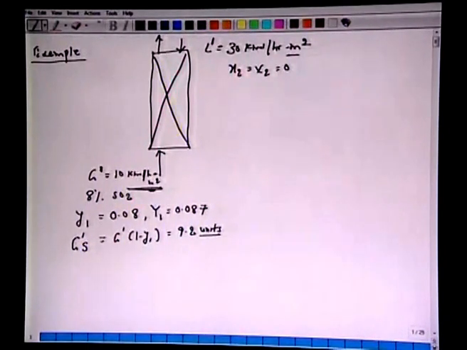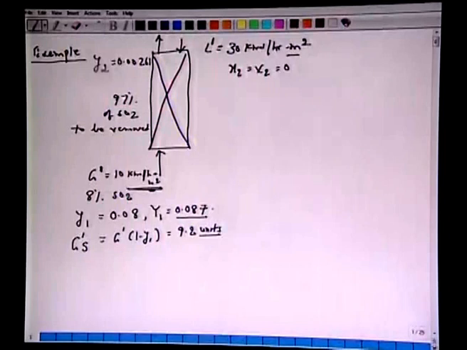It is given that 97% of sulfur dioxide has to be removed, which means Y2 can be calculated as 0.00261. So, this is 97% removal, that means 0.087 multiplied by 0.03. So, remaining is 3%.